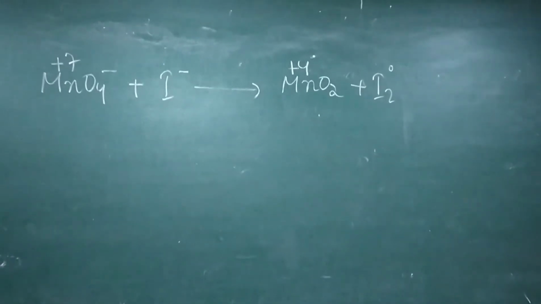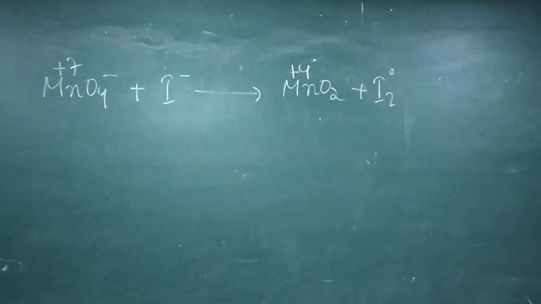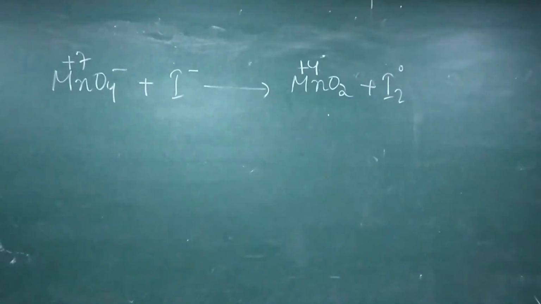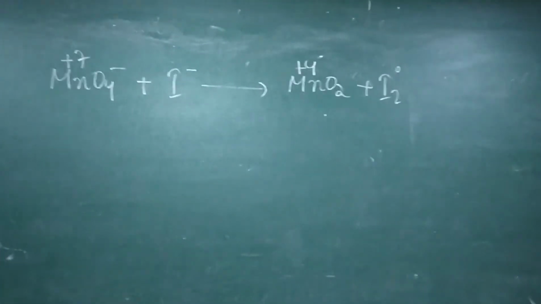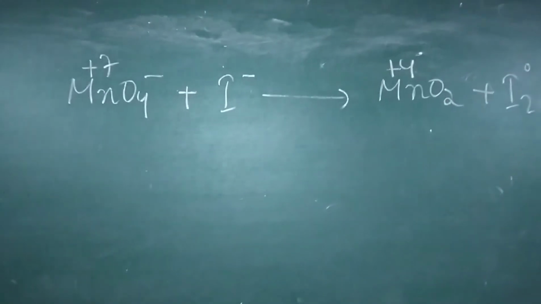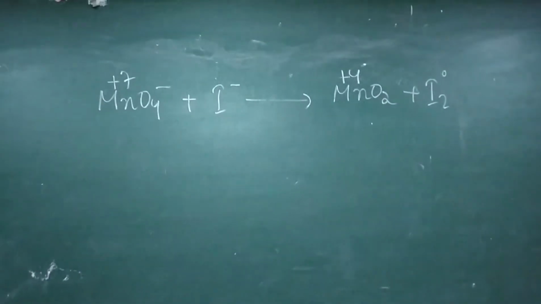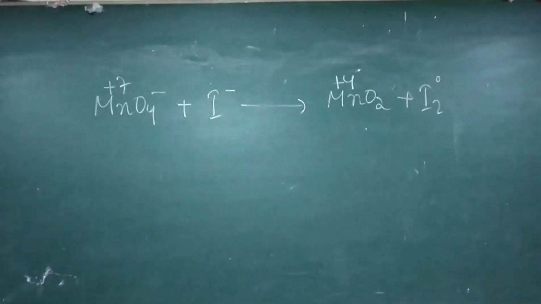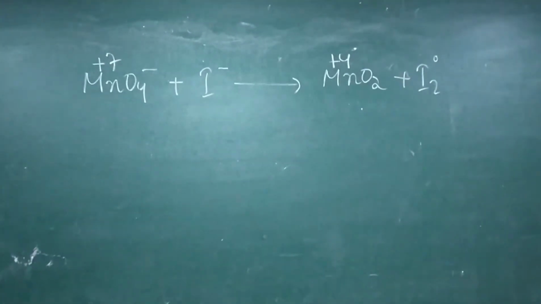Now for the same reaction, if we balance the equation with the help of the oxidation number method, how will we do that? First, in the oxidation number method, we have to balance all the atoms other than oxygen and hydrogen.